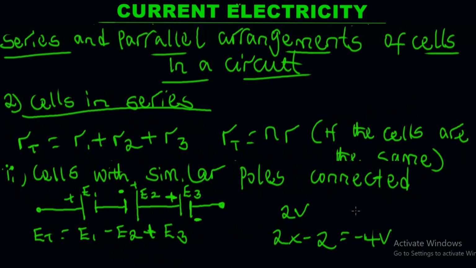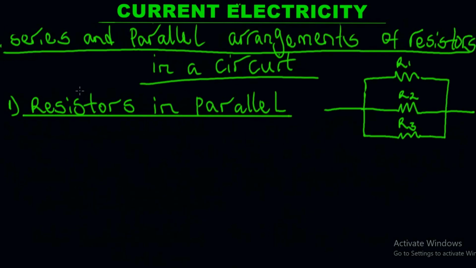So let's talk about resistors in parallel and resistors in series. That is talking about their own arrangement now. We have finished with cells, we're going to the resistor. So moving on, we also have the series and parallel arrangement of resistors in a circuit. Remember we said for cells, batteries, or any other power sources, they are usually associated with EMF, right?